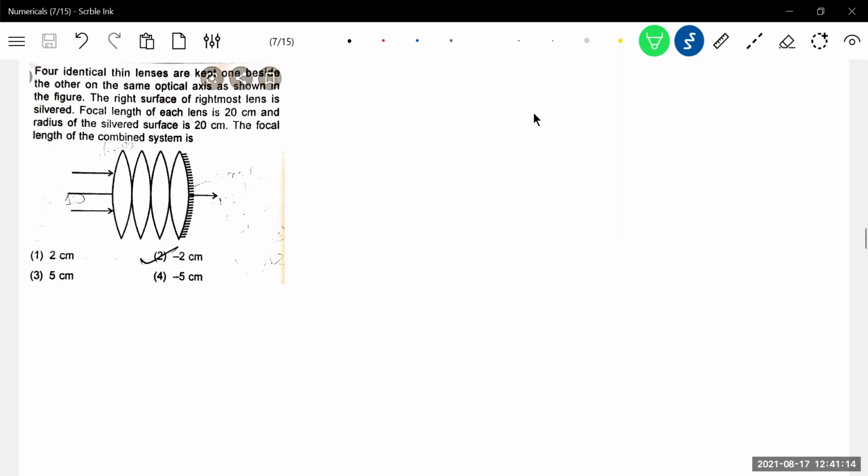What to do now when we have the focal length of combined system? One lens silvered, okay, fine. But we have so many supporting. So replace all these four lenses by one lens and we have a mirror. What is the equivalent? So you have to treat it in this way.